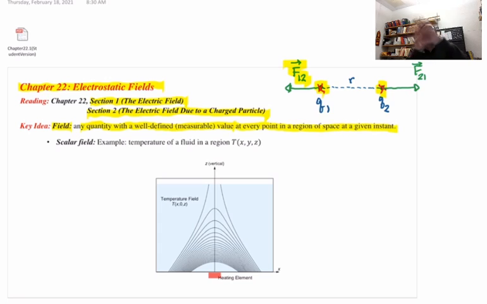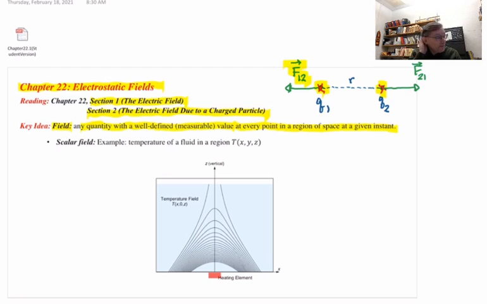So we're talking about a whole region of space, not just one point. There's a well-defined value for some quantity at every point in that region, and that whole set of those values at all those different points together is called a field.